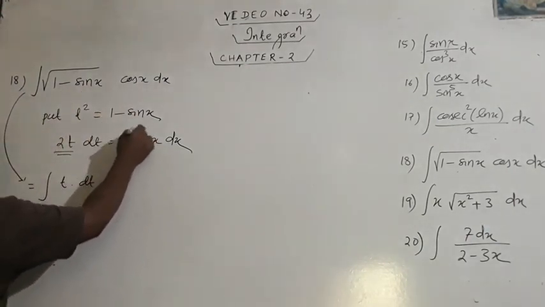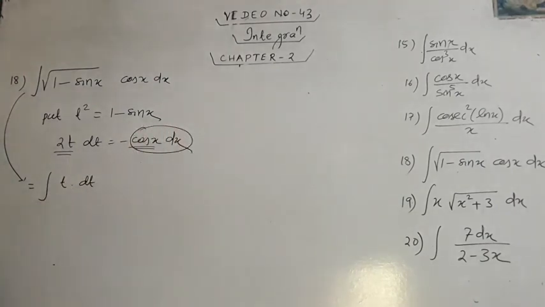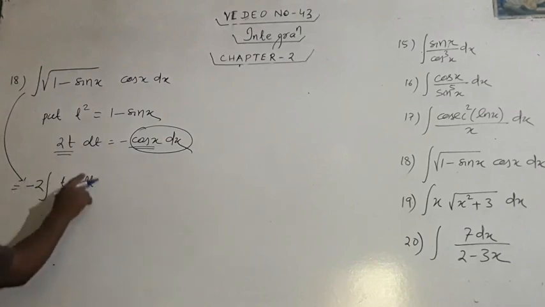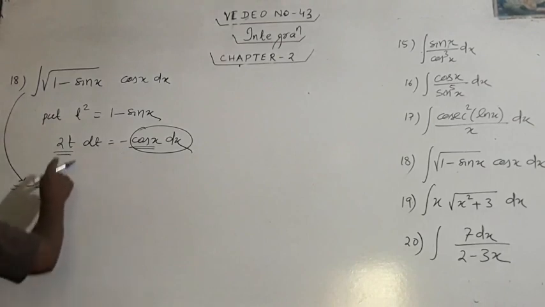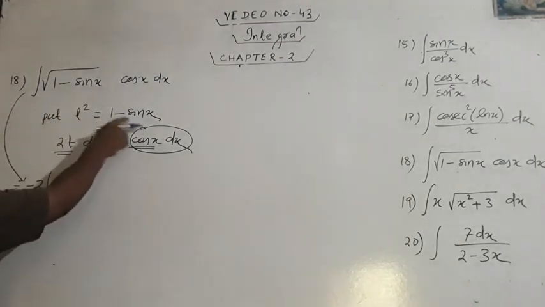So it becomes 2t dt equals minus cos x dx. In place of cos x dx, you have to write minus 2t dt. In place of root of 1 minus sin x, you have to write t.